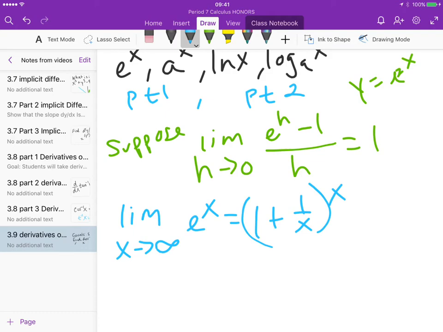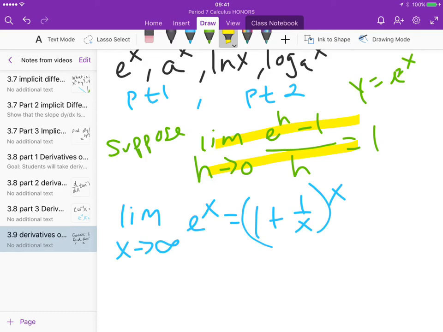Hang in there as I geek out a little bit. I have something here in green. Suppose the limit as h approaches 0 of e to the h minus 1 over h equals 1. Actually, don't just suppose it, take my word that this is the case. We could solve it out if we really wanted to, but that's not our goal for this.